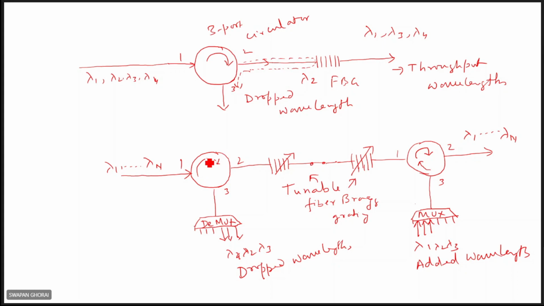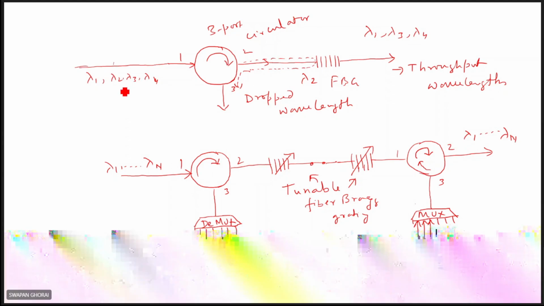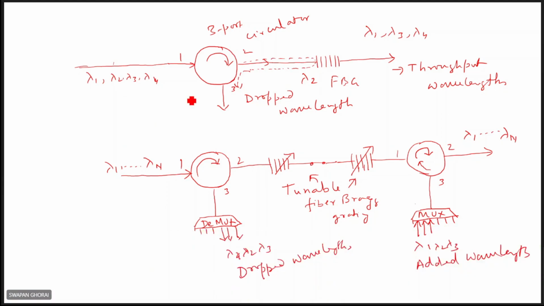Now see these configurations where it can be used as a demultiplexer. See here, in the input fiber many wavelengths are there. How can you separate one wavelength? Here you need a circulator. This is a 3-port circulator, 1, 2, 3.